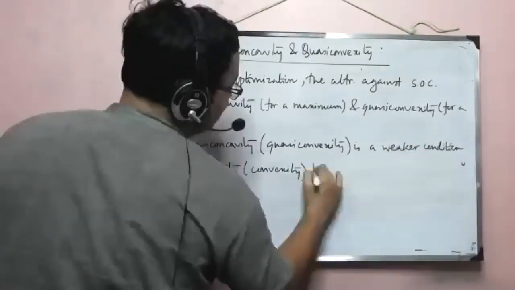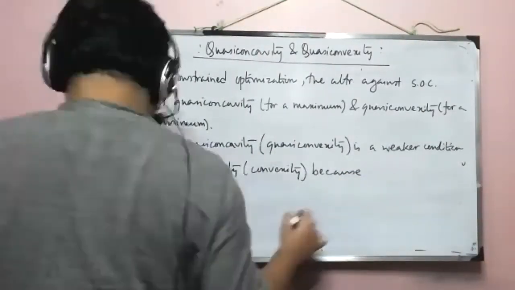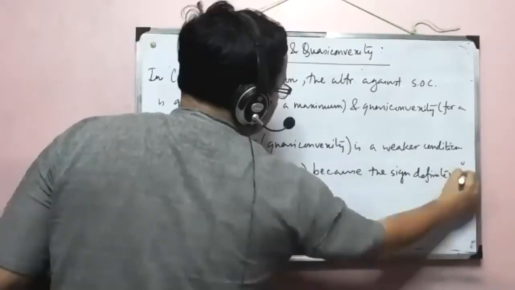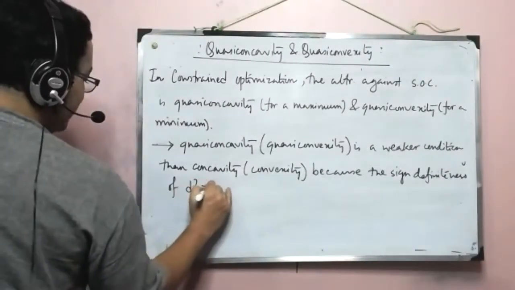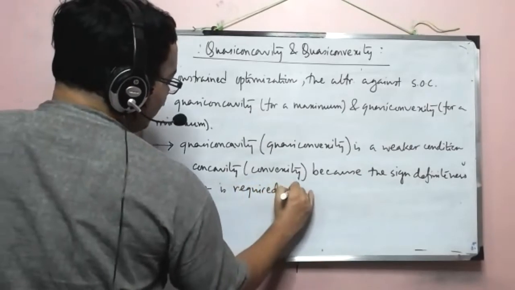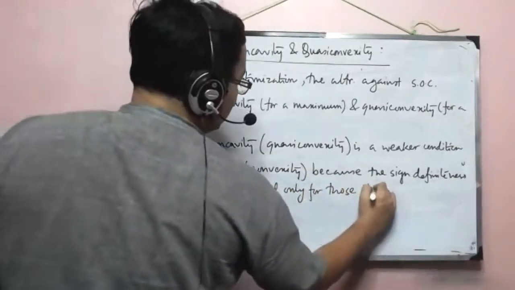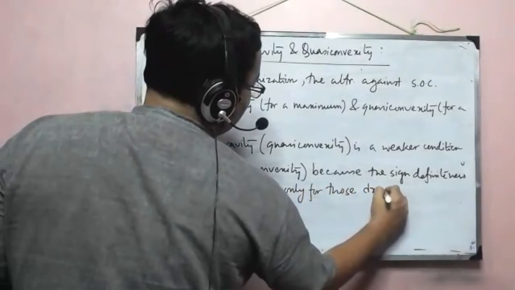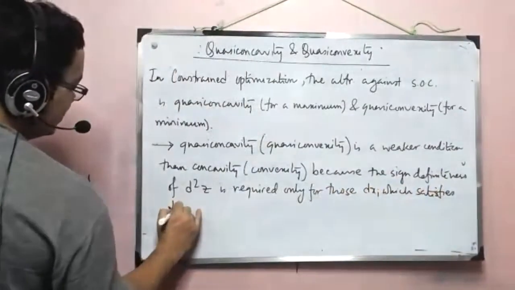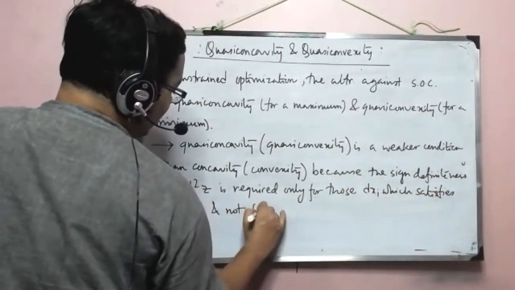This is because the sign definiteness of d2z is required only for those dxi which satisfy dg equal to 0, and not for all dxi.